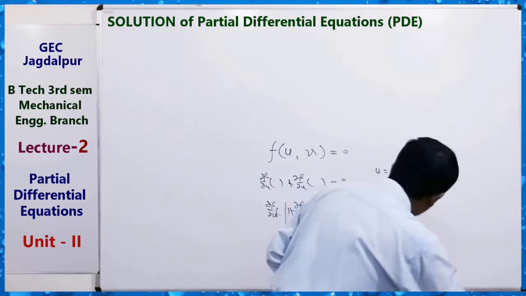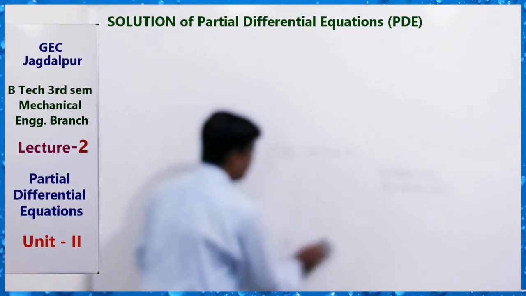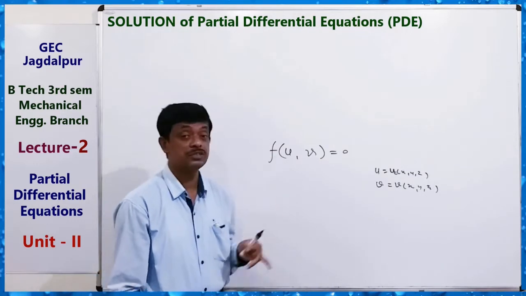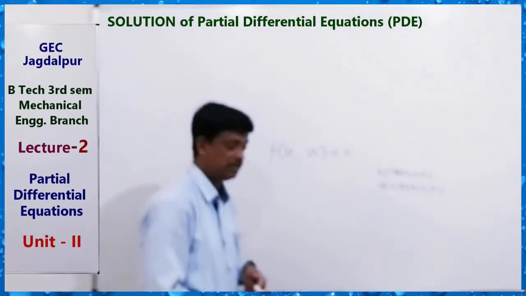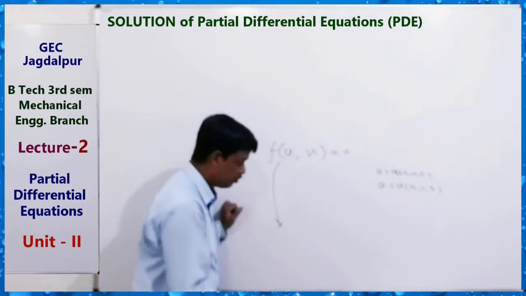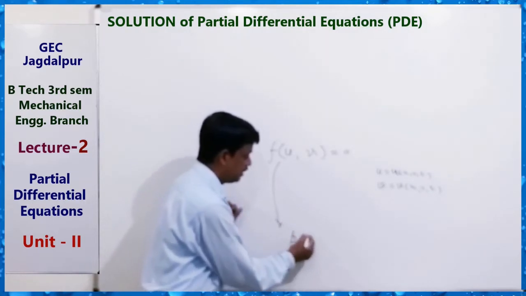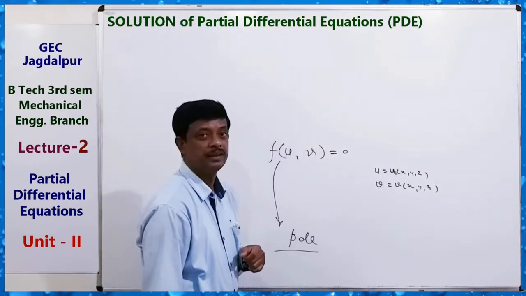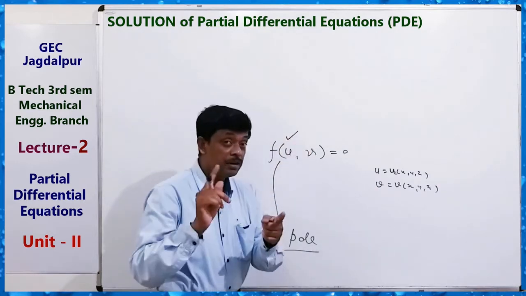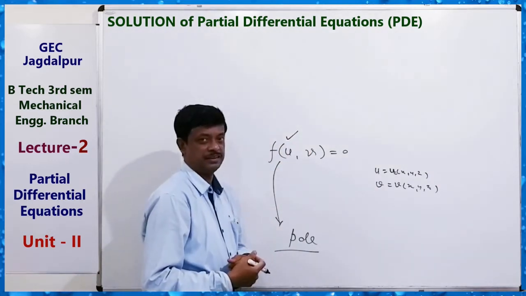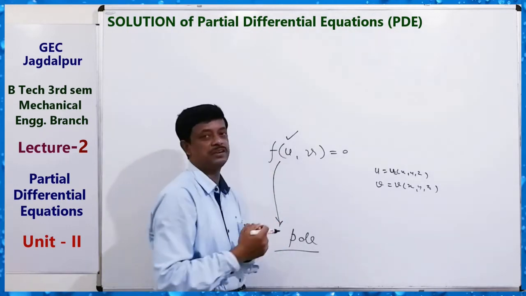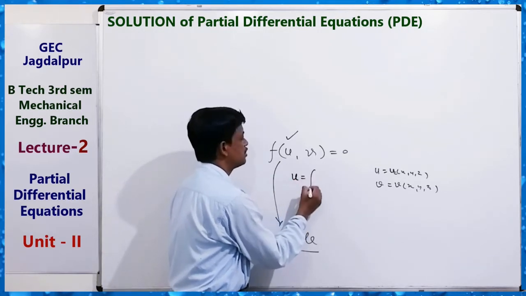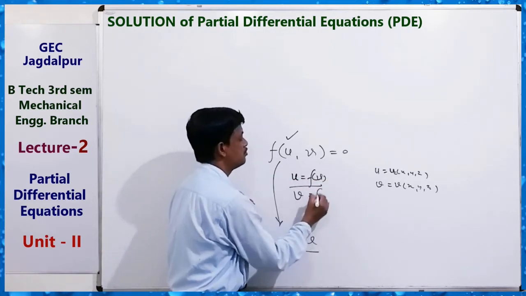So if u and v are connected by a relation, then eliminating these arbitrary functions we can get a partial differential equation. That is, this is a solution of the partial differential equation in terms of arbitrary functions. It can also be written like this: u equals a function of v, or v equals a function of u.